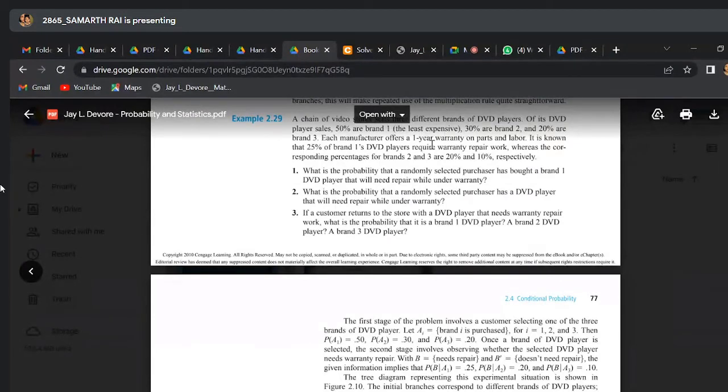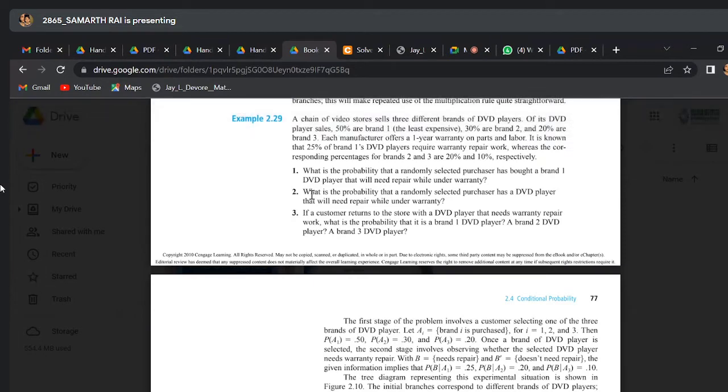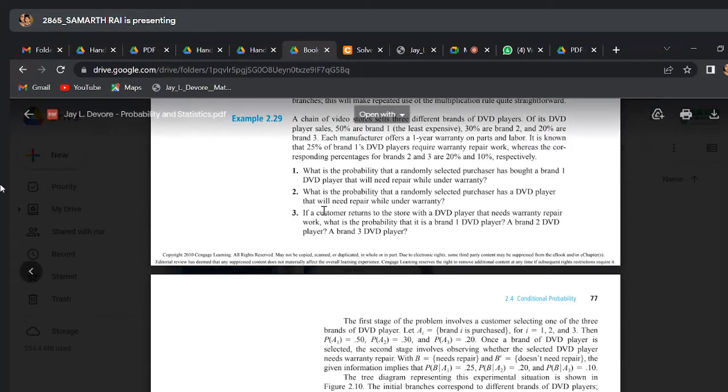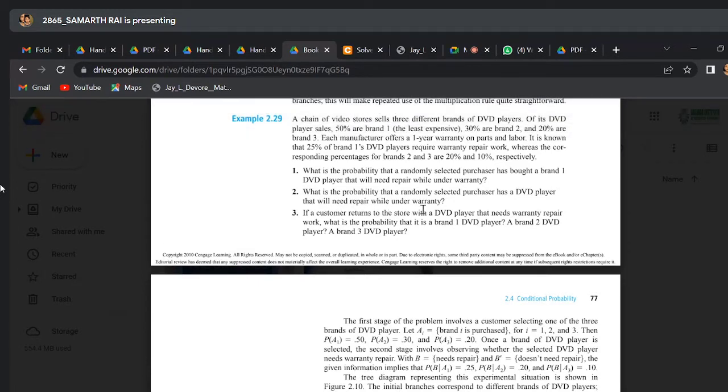Then it is given that the 1 year warranty for the part and the labor charge is 25% and 10% for the first and third. But in question number two, what is the probability that a randomly selected purchaser has a DVD player that will need repair while under warranty? Question number one and two are relatively the same.